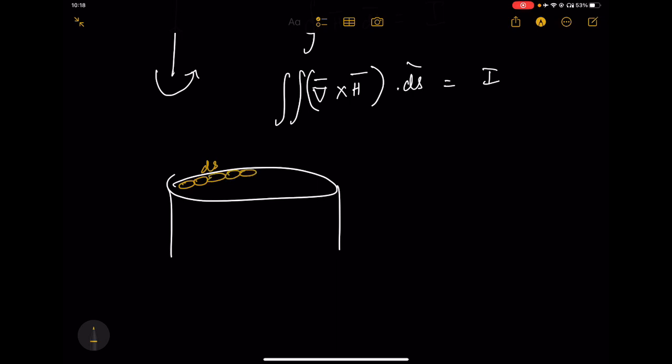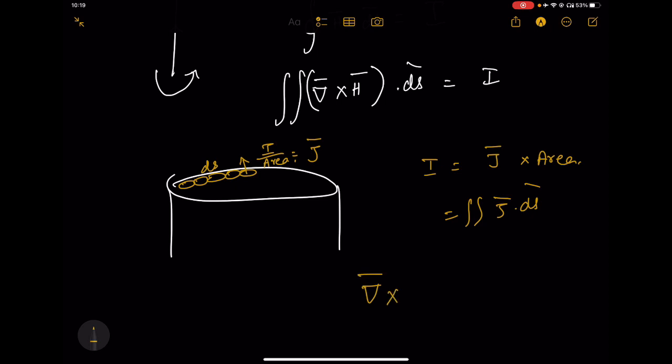If you split it into small areas, the current coming through this is the total current divided by the area, because it's the smallest infinitesimal area, right? So this one we call current density J. So you can say I is J, current density, into area, or double integral J dot ds. So right side equal to left side, I will end up getting del cross H equal to J.